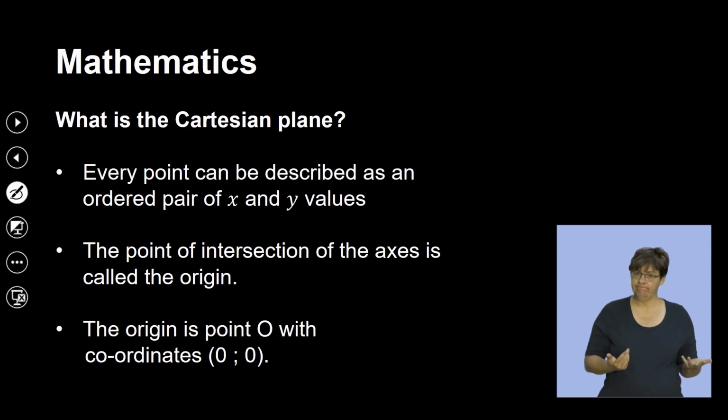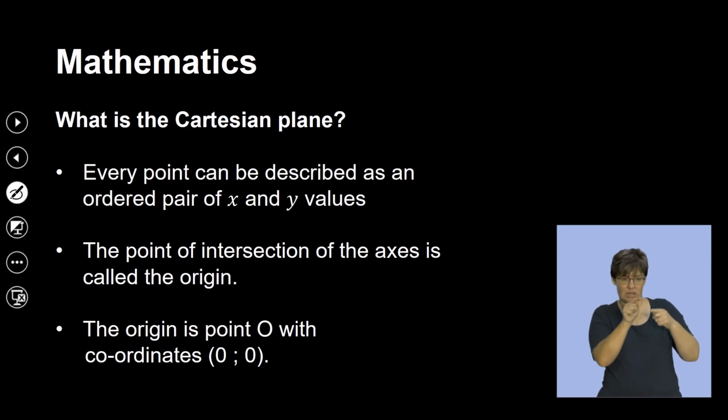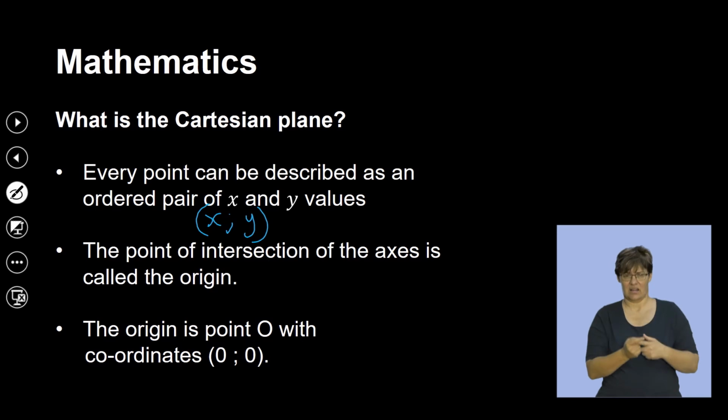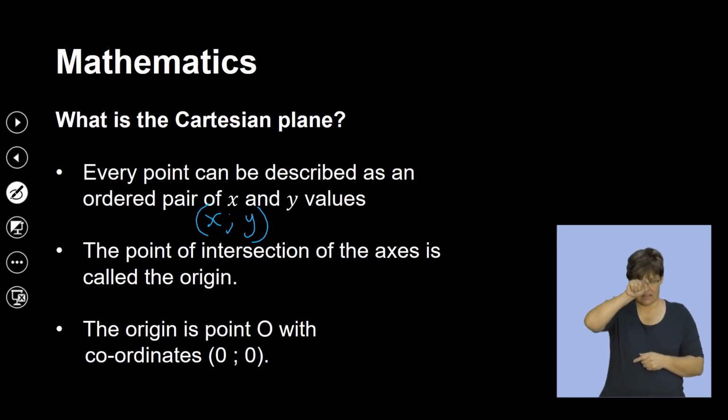Now, every point can be described as an ordered pair, right? When I talk about an ordered pair, remember we're talking about x and y, right? And I know most of you will then be saying x comma y. Please, it's x semicolon y, because remember the semicolon in language terms means and.